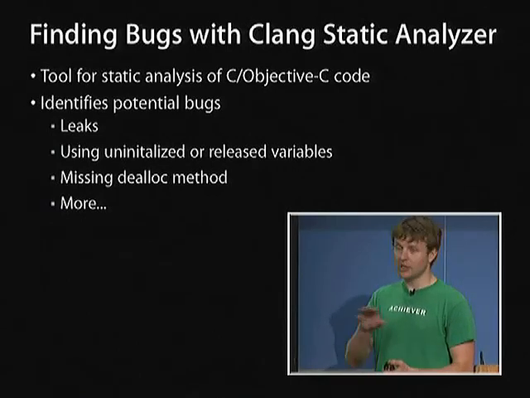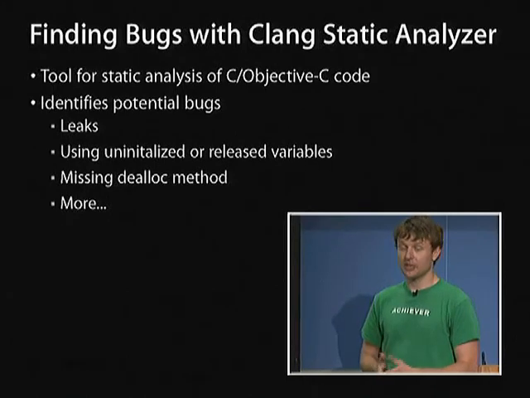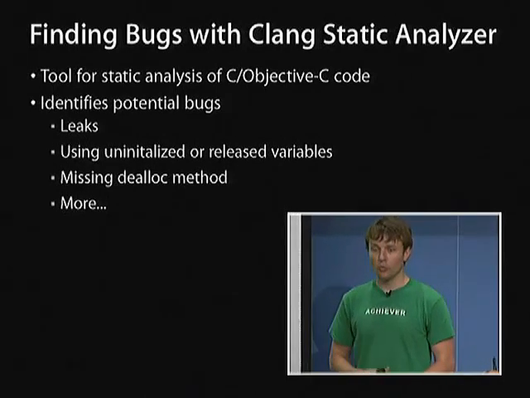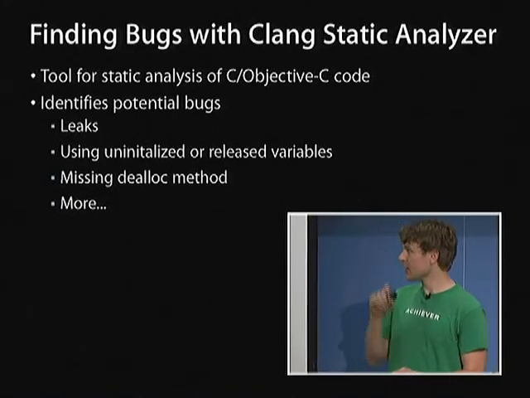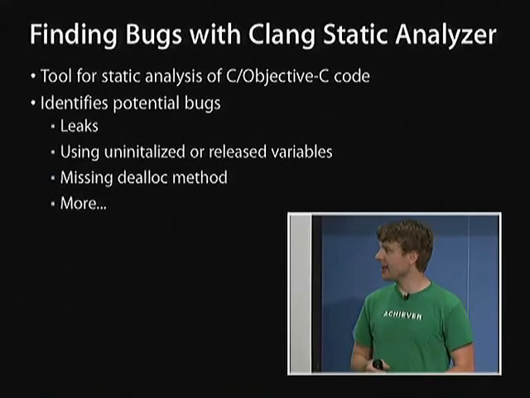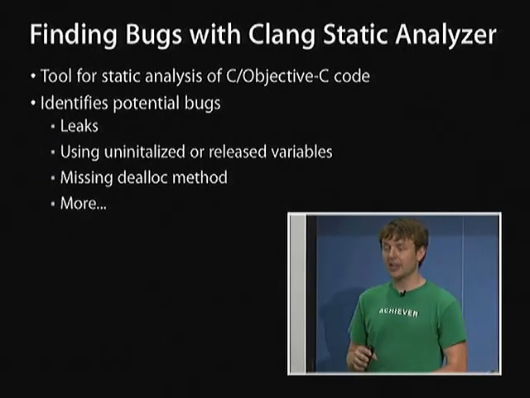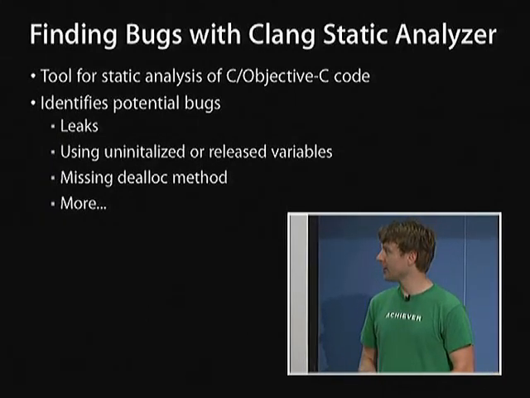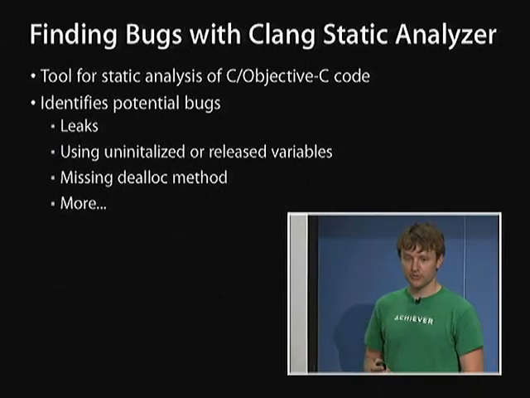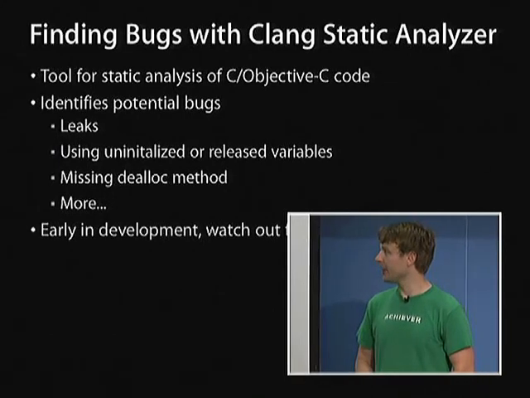So if you declare int i at the top of your function, who knows what's in there? It could just be garbage. And then if you forget to initialize it and then use it, you can have some weird, unpredictable errors. You can also flag things like missing dealloc methods. If you've got some instance variables that are retained, and you haven't overridden dealloc, it can actually point you toward that. And there's much more. There's a bunch of really common errors that it can help you find in your code.